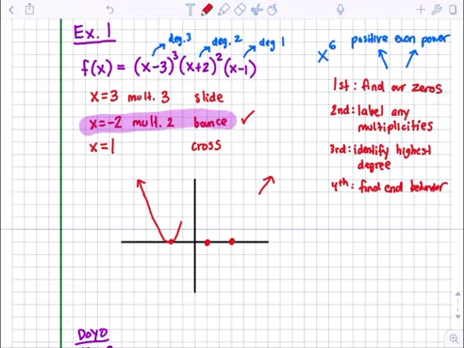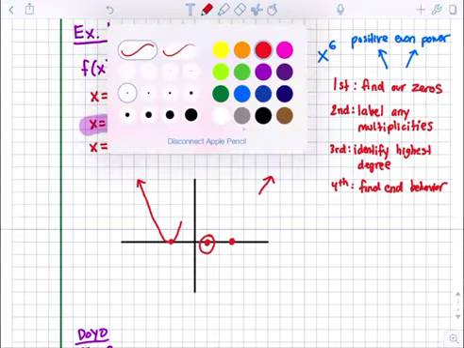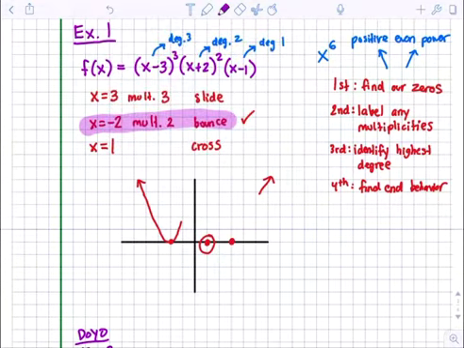Now, the next one's going to be x is equal to 1. Here is x is equal to 1. I'll do a different color. And we know the graph is going to now cross at that point. So, going down here, and I know it's going to cross it.